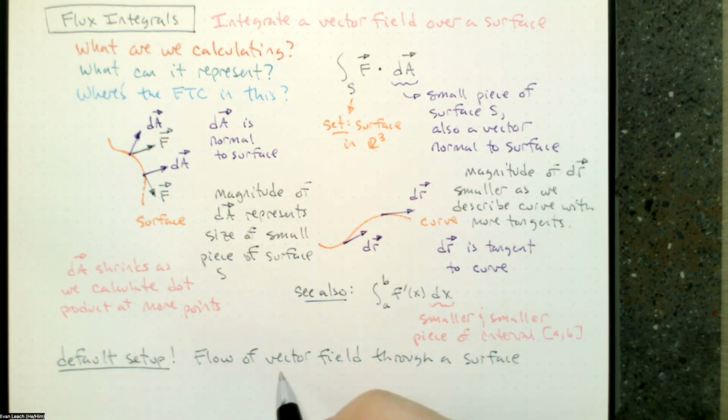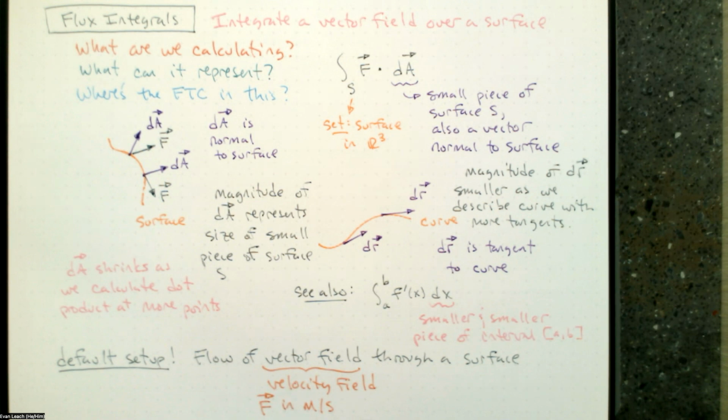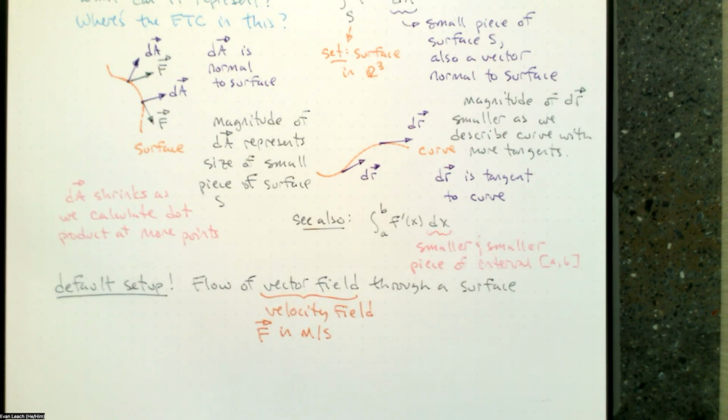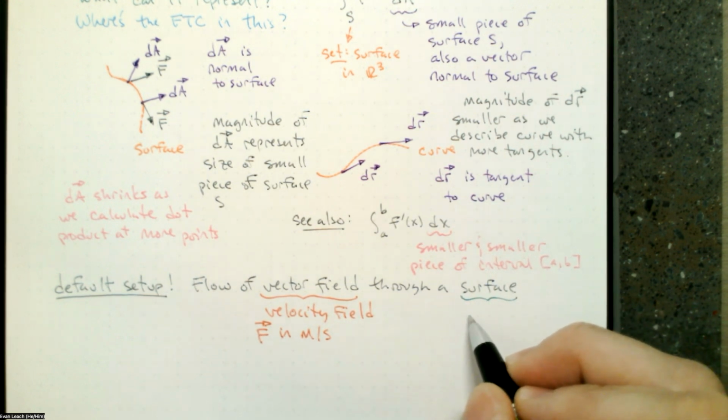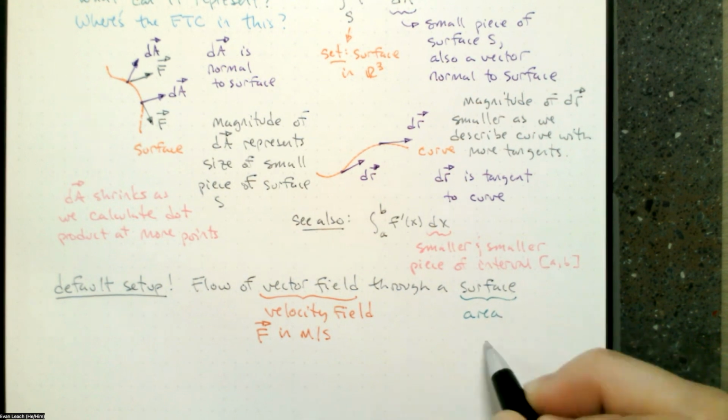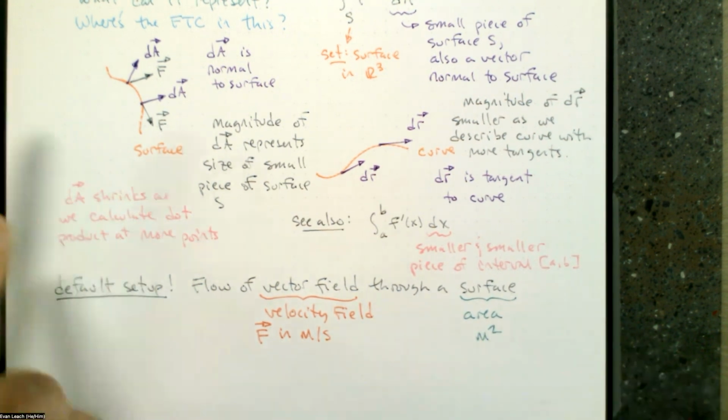So maybe our vector field is in meters per second, and our surface is some area, say in meters squared.